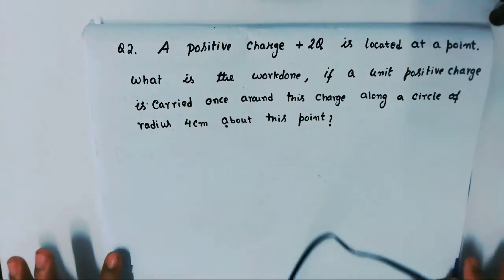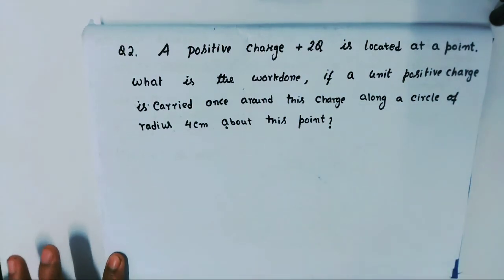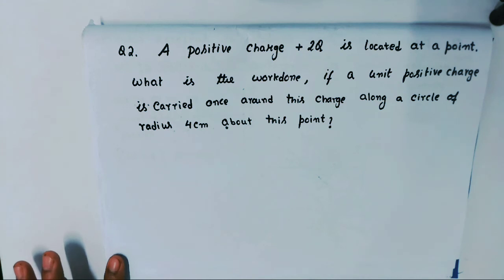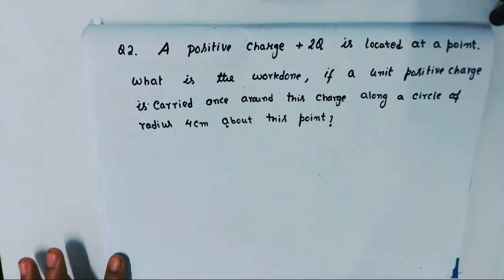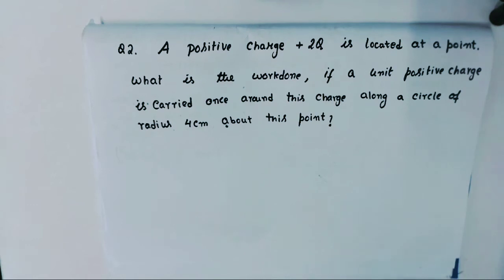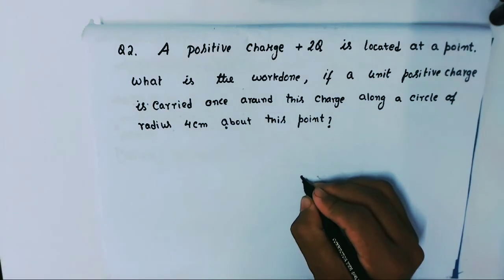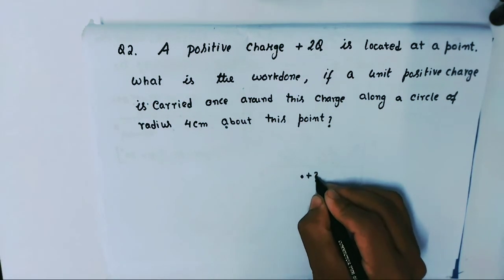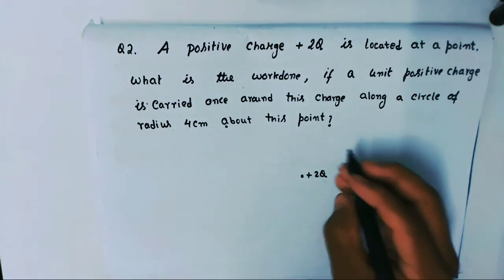The second question says, a positive charge plus 2q is located at a point. What is the work done if a unit positive charge is carried once around this charge along a circle of radius 4 cm about this point? So suppose this one is plus 2q.